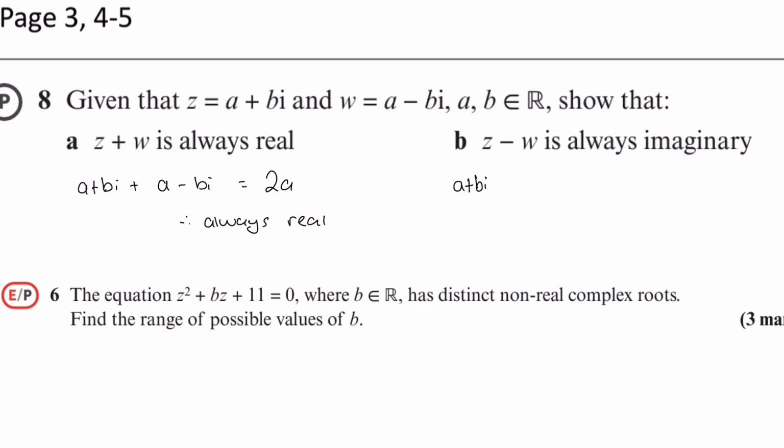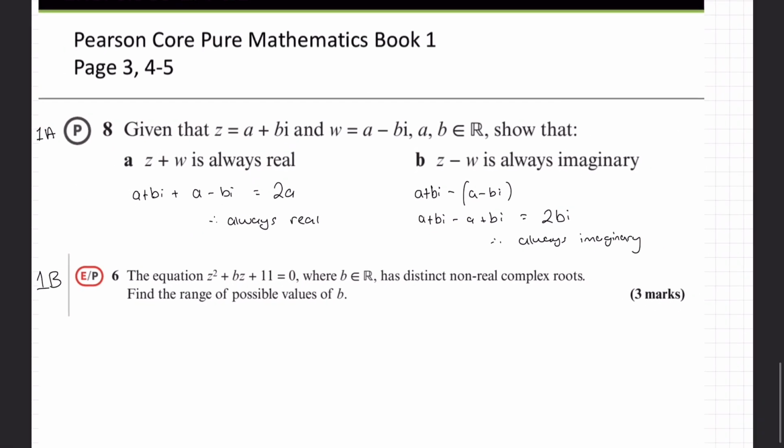A plus bi, take away a minus bi. So you're left with a plus bi, take away a plus bi, wait, minus bi, and that equals 2bi. Therefore, always imaginary. And there we are.